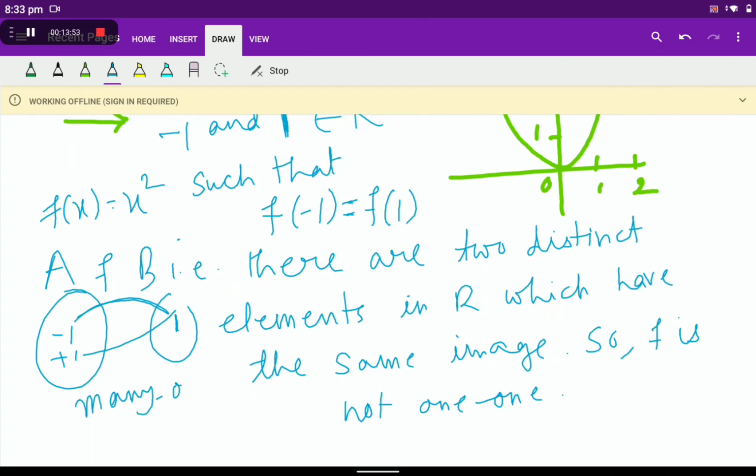Okay, now move to the next proof. So what about its surjectivity? Let's see.